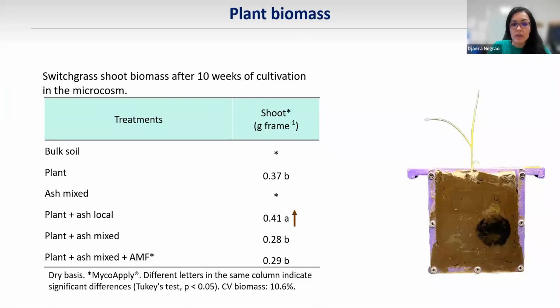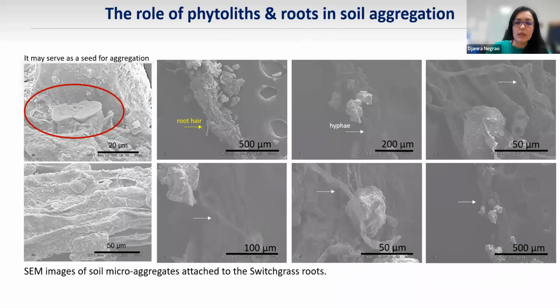And for plant biomass, what we saw was if I apply the ashes in a local spot, the plant can use it more efficiently. So the response was more shoot biomass in this treatment. And we also took some images of soil aggregates.